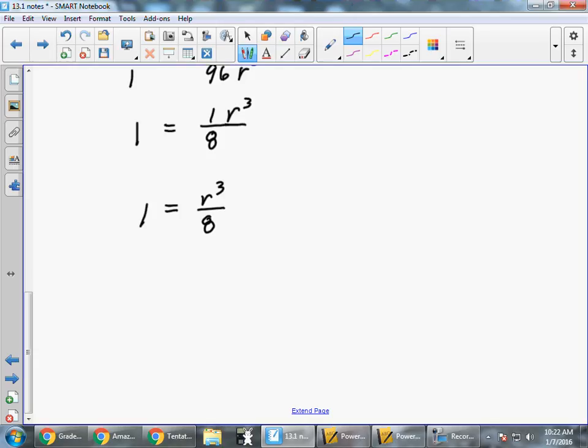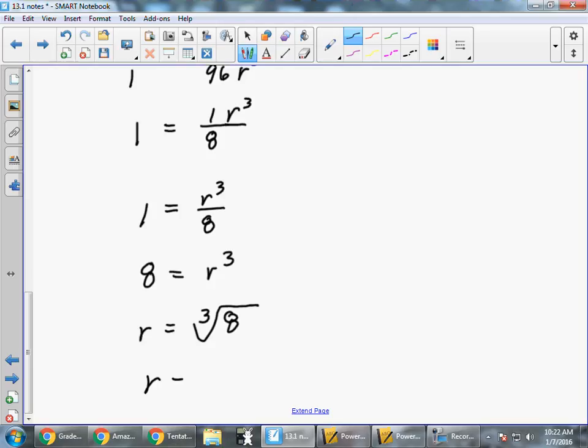Multiply both sides by 8, and we get 8 equals r cubed, Sarah. What's r equal? Cube root. Yeah, cube root of what? 8.